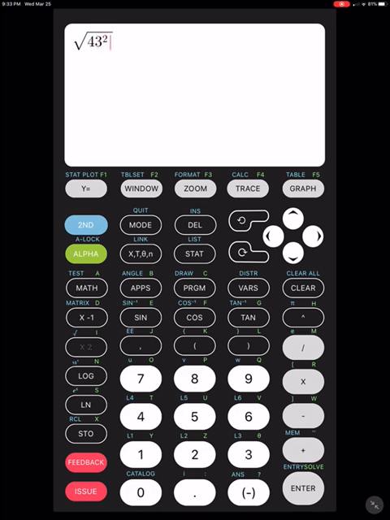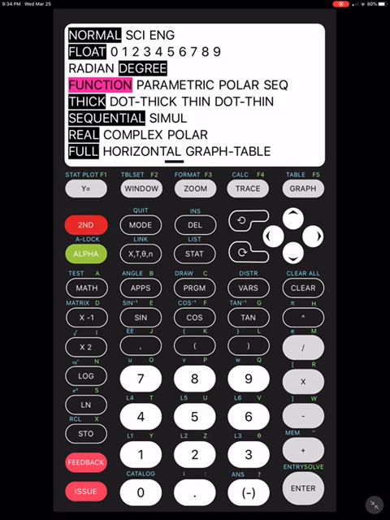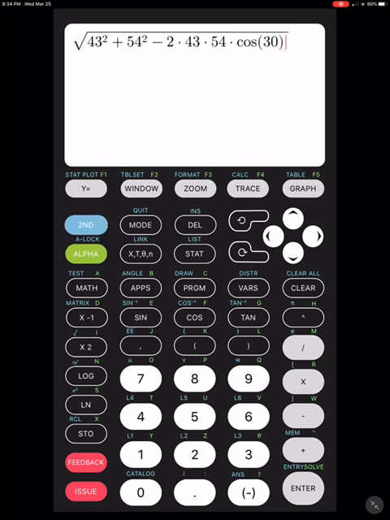We've got 43 squared plus 54 squared minus twice the product, 2 times 43 times 54 times the cosine of 30 degrees. Just make sure your mode is in degrees. Mine's in radians, so I would need to turn on degree mode. Let's go ahead and do that. So we put in 30.